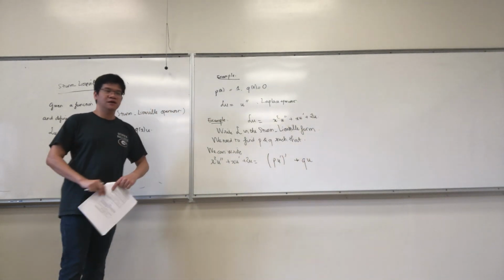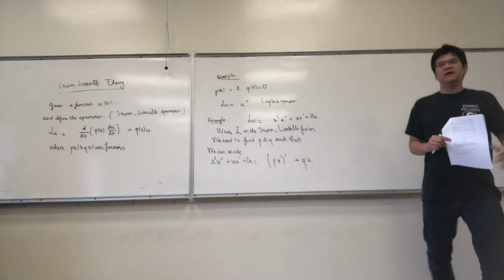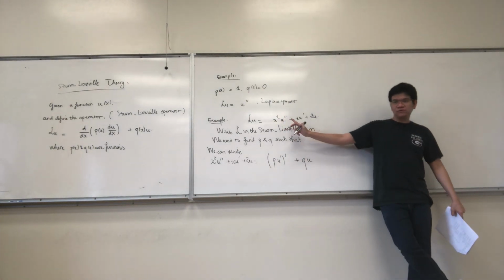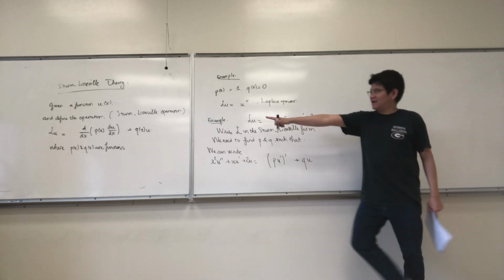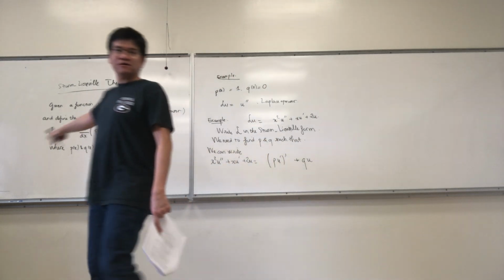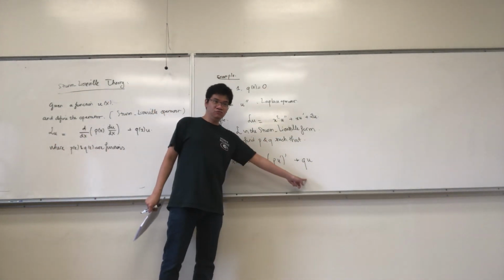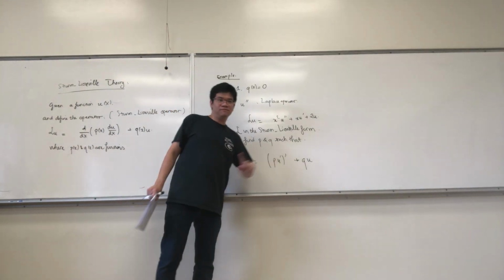Right? This is a form of L, x squared u second plus x u prime plus 2u, right? Now I want to write it like the Sturm-Liouville operator. What I do is that I'm going to find p and q such that this guy can be written under this form, right?